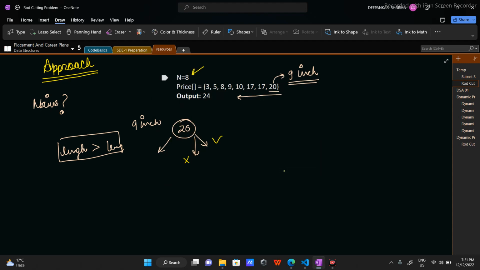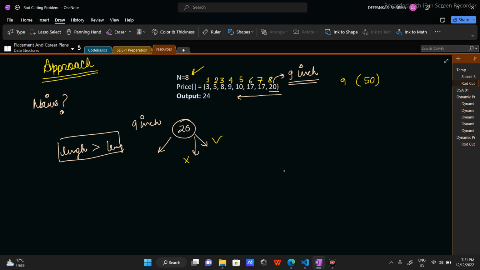Starting from here, this is the cost for a 1 inch long piece, this is the cost for a 2 inch long piece, this is 3, 4, 5, 6, 7, 8. But suppose for a 9-inch long piece you are getting 50 rupees. How will you make 50 rupees when the entire length of the rod you have is 8? You get my point?